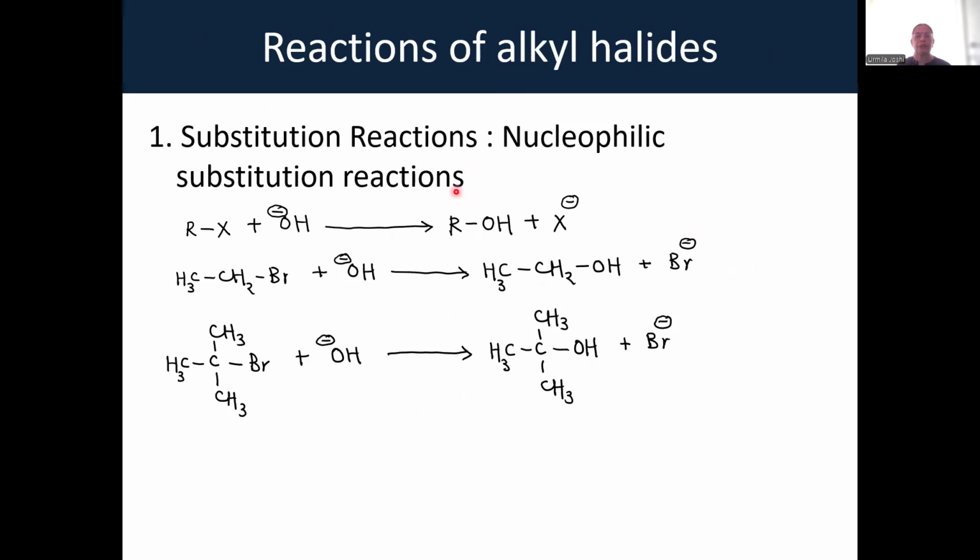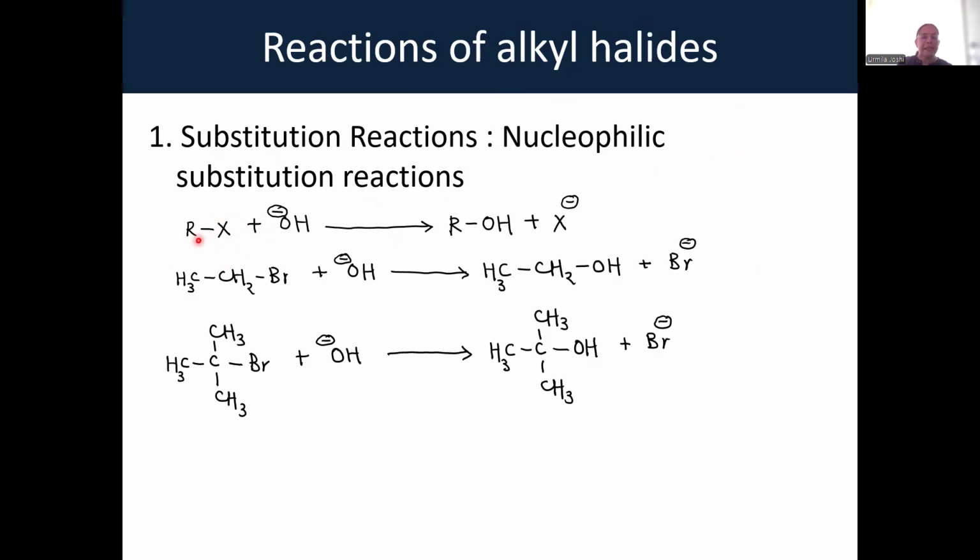Coming to the reactions of alkyl halide. The reactions of alkyl halides are divided into two major categories. One is substitution reaction and another is elimination reaction. Let us see the substitution reactions first. These substitution reactions are called nucleophilic substitution. Why? Because alkyl halide has a good leaving group. The halide is a good leaving group.